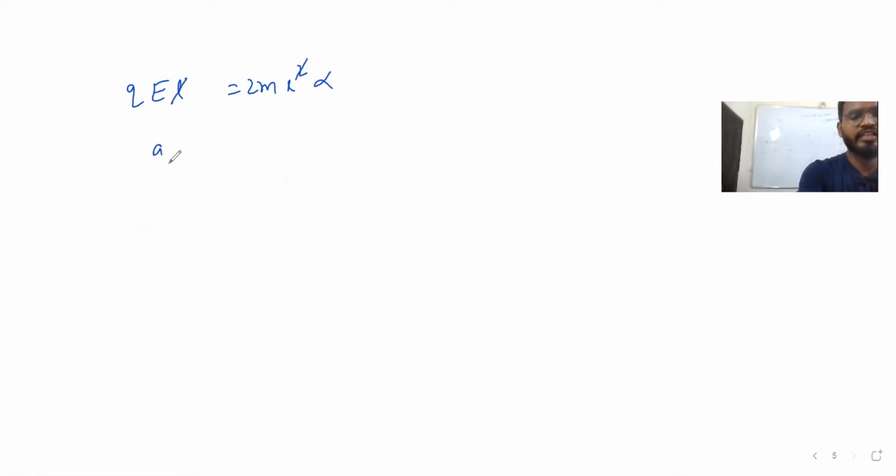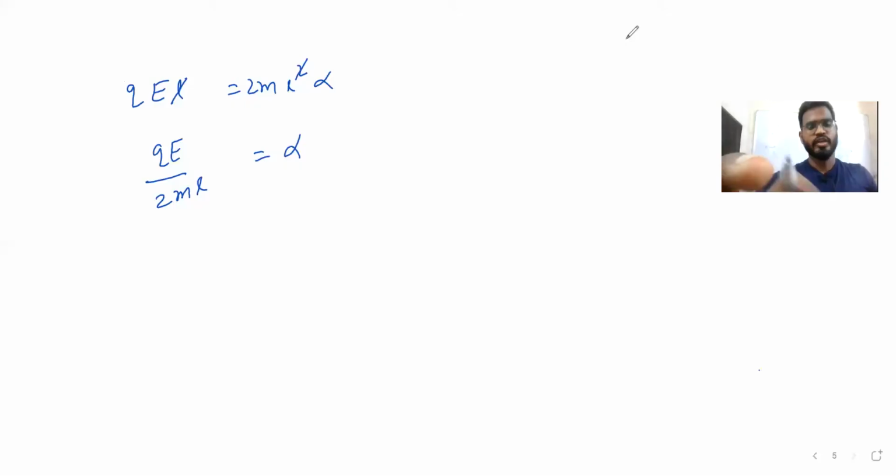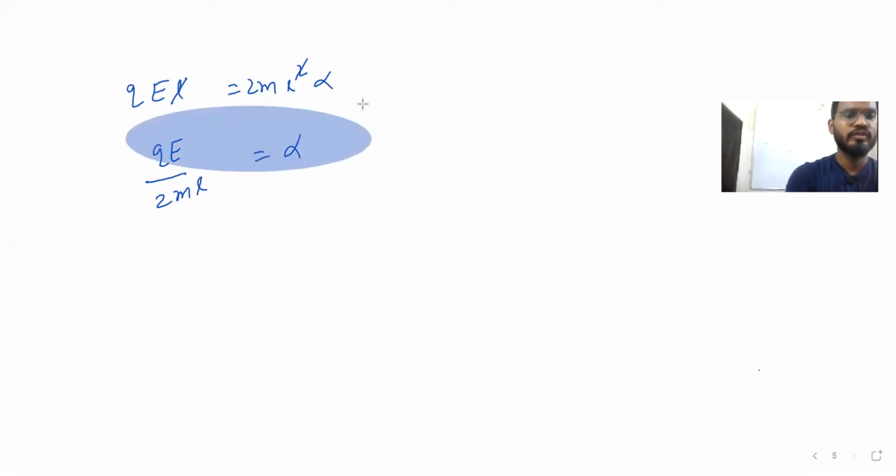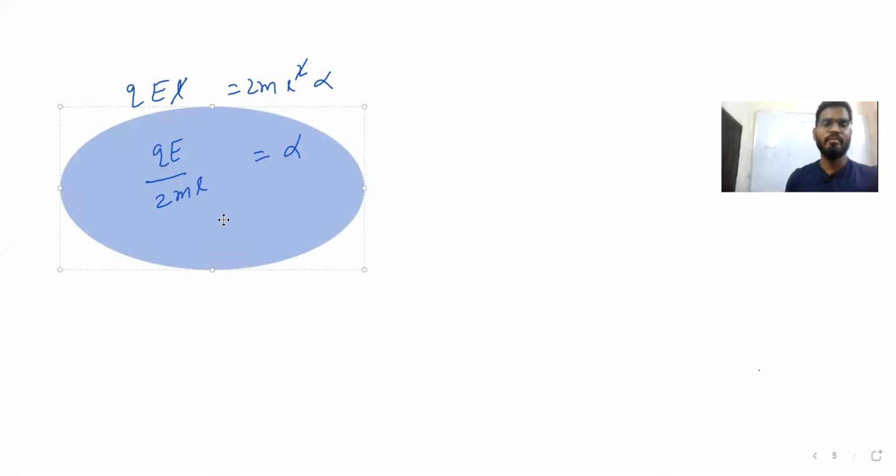Then we want to find Q E by 2ml, which is equal to alpha. So here we found the answer: Q E by 2ml is equal to alpha. So these types of questions they may ask in JEE Mains.